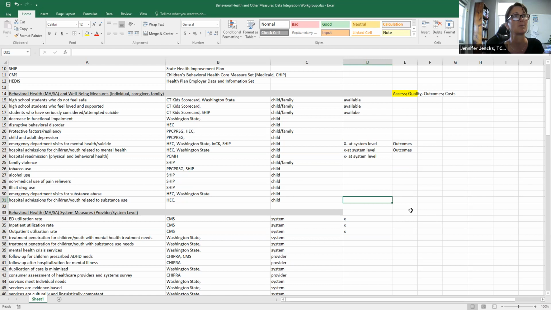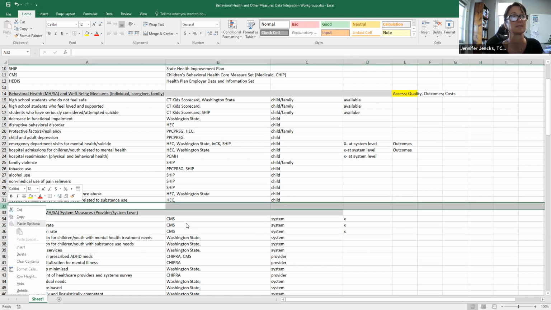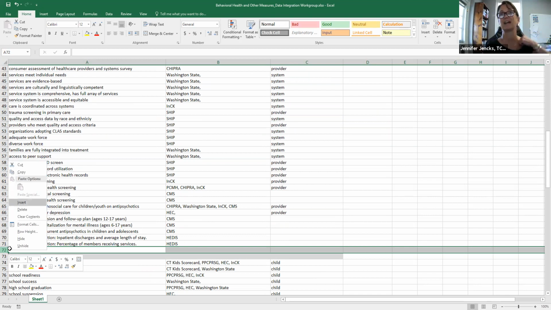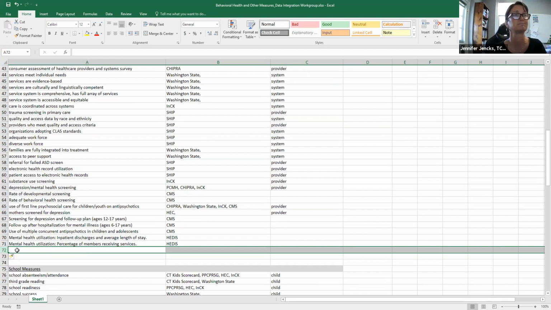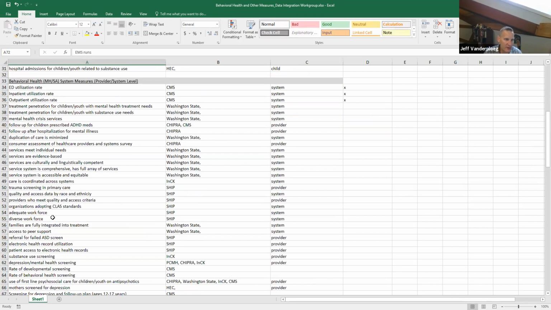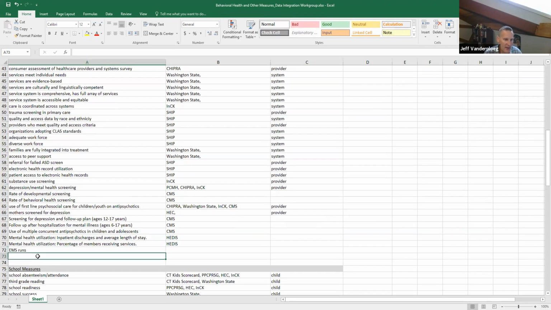So just to add on to the emergency department use or misuse, I would add also EMS runs. Each time they're called, they call it a run. I'm going to add that provisionally under the system measures. And thank you for that.